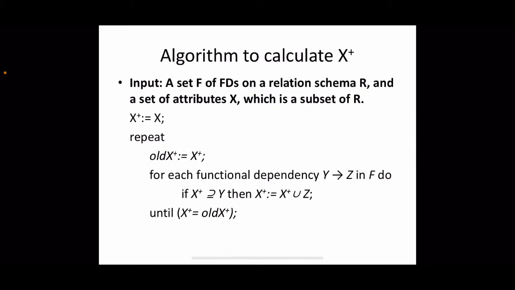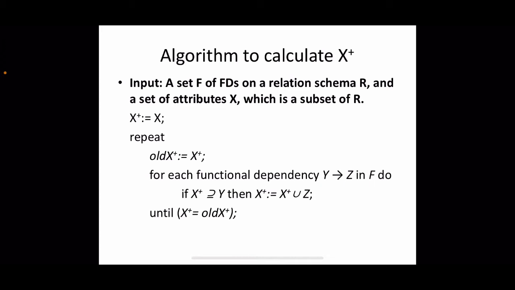Now we will see the algorithm to find the closure of an attribute set. Input to this algorithm is a set F of functional dependencies on a relation schema R and a set of attributes X which is a subset of R. We take the left-hand side of each functional dependency.